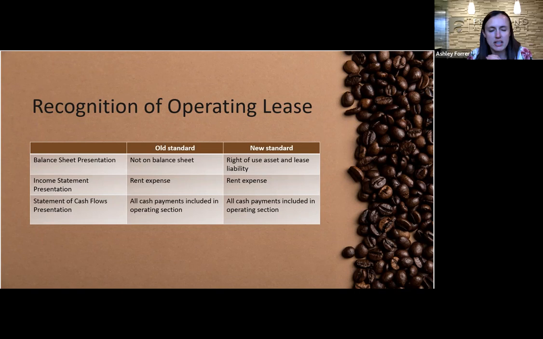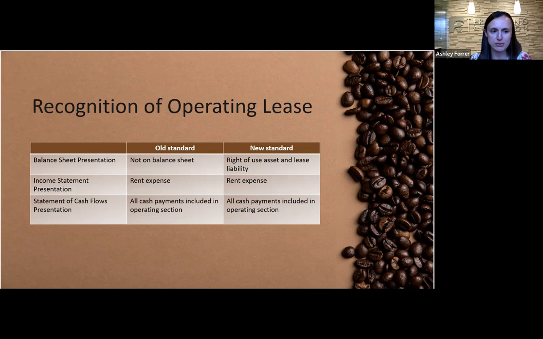Our income statement presentation remains unchanged. We're just going to recognize rent expense on the lease. That's how we're amortizing the asset and liability under the new standard. It's just all hitting rent expense on a straight line basis over the life of the lease. So our rent expense should remain unchanged under this new standard for an operating lease.